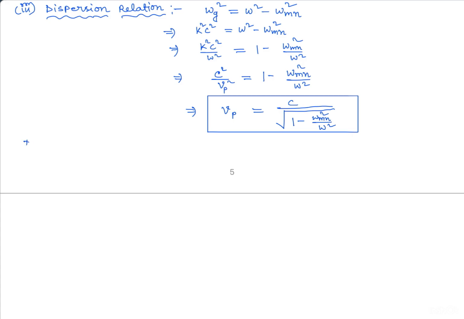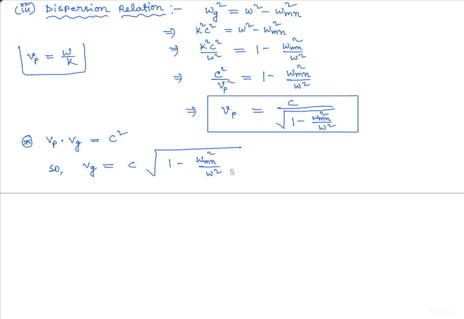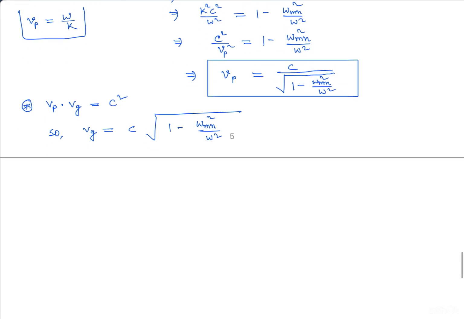One important thing: the product of phase velocity and group velocity will be equal to c square. So Vg will be c into root over 1 minus omega mn square by omega square. Vp equal to omega by k. So this is for TE mode.